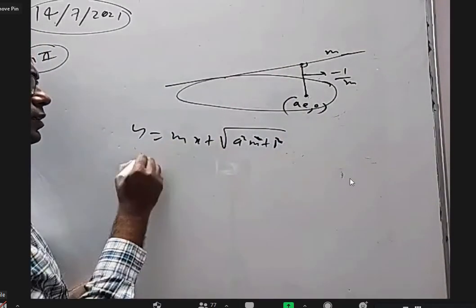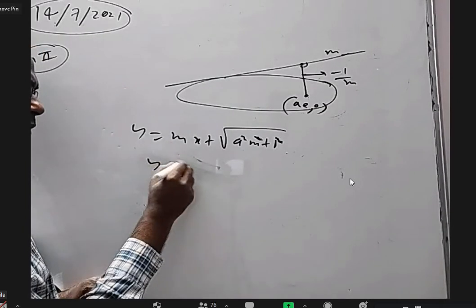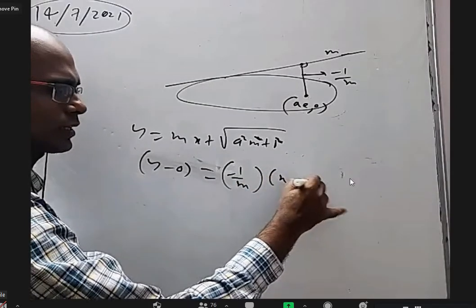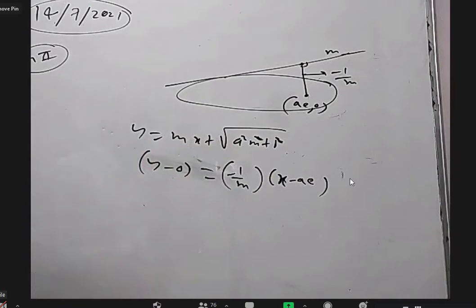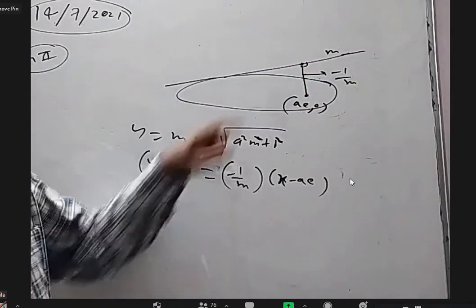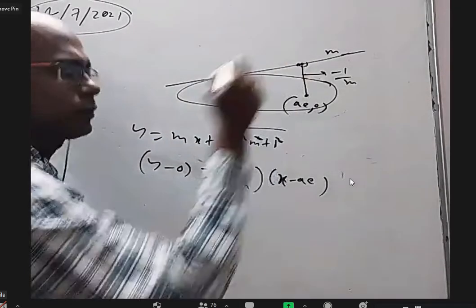What is this line? y minus 0 equal to minus 1 by m into (x minus ae). So if you change m, this equation will change, that equation will change, but they are always perpendicular lines, and the (x, y), which is the solution of these two, is this point only, right?